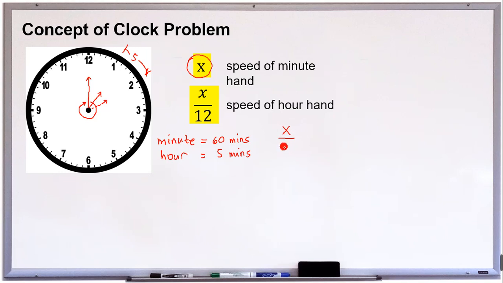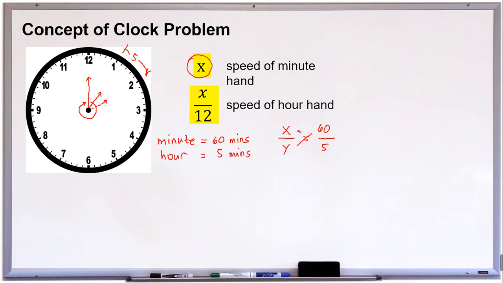Let's represent that by y. That will be equal to the number of minutes traveled by these two hands for 1 hour. For the minute hand, that is 60 minutes. Then for the hour hand, that is equal to 5 minutes. So we're going to solve for y in terms of x.